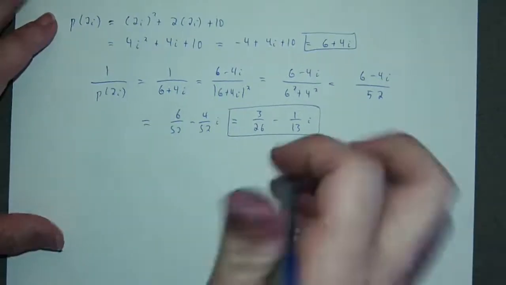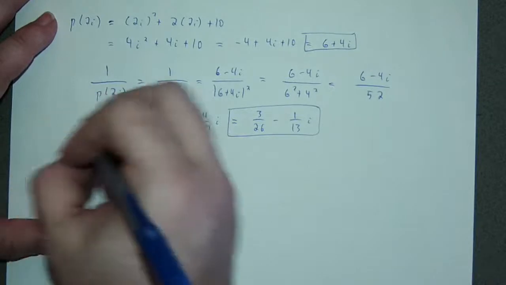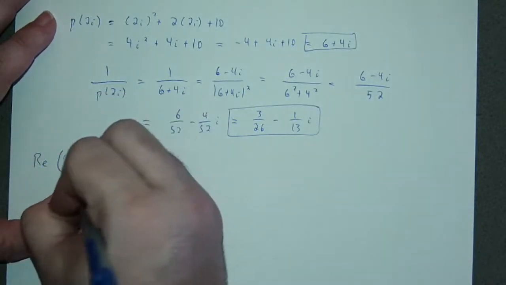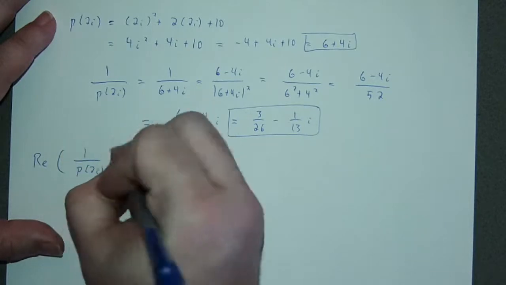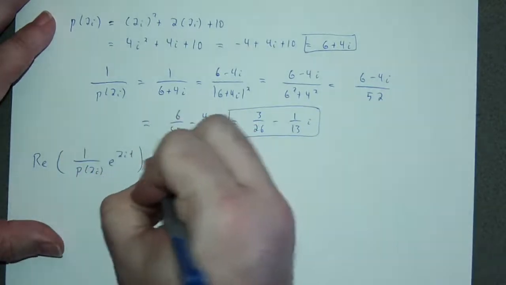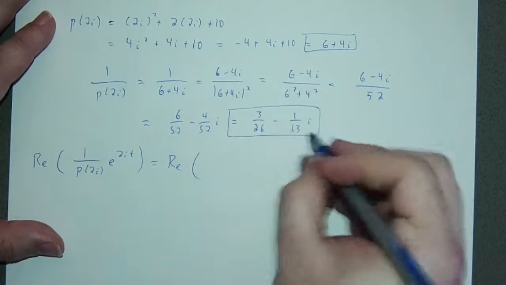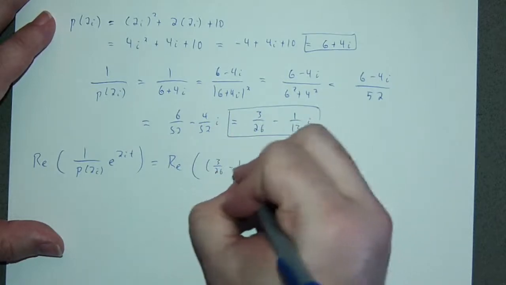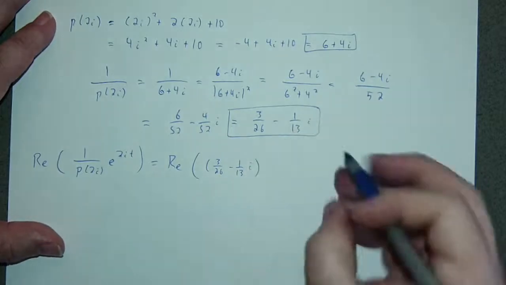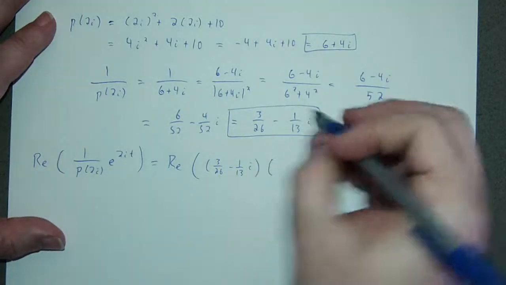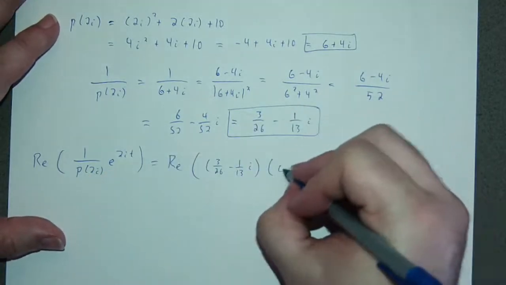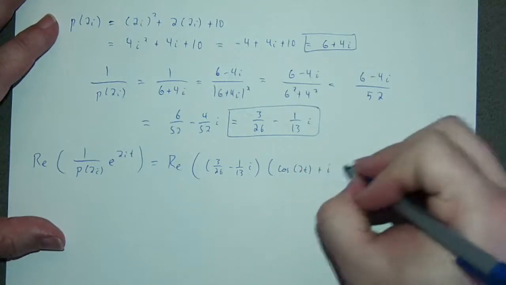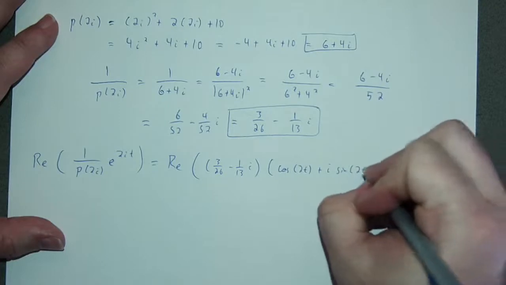So then, what is the real part of 1 over p of 2i times e to the 2it? This is the real part of 3 over 26 minus 1 over 13 i, times e to the 2it, which is cosine of 2t plus i sine of 2t.